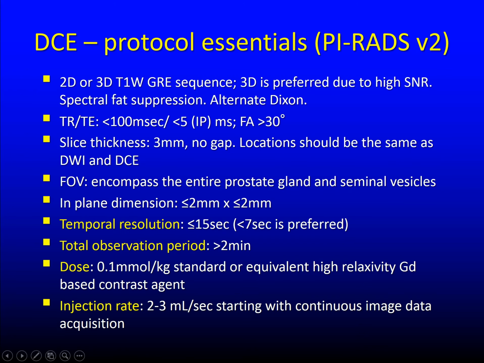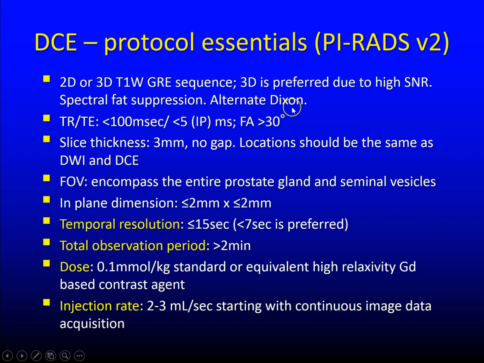Now, if you were going to do a DCE MRI protocol that was PI-RADS 2 compliant, then a 3D gradient echo sequence is preferred, due to higher signal to noise. You need some sort of fat suppression, either a fat-sat or a Dixon technique.